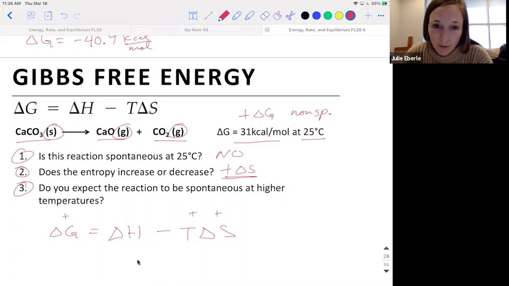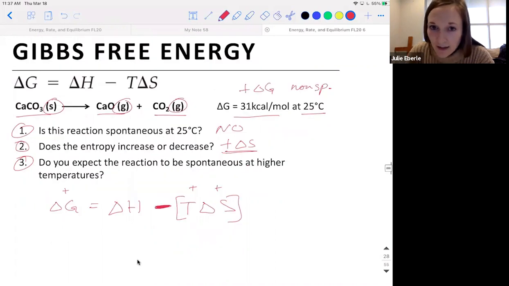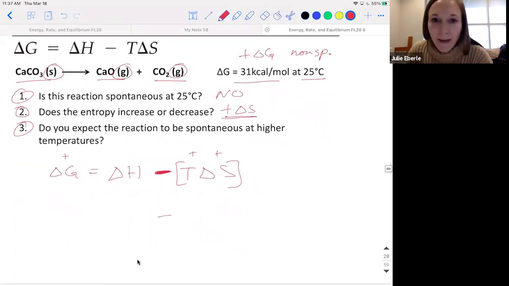Now, remember earlier when we talked about those little principles of math, we said we have a big old negative out in front here. Whatever our temperature and our delta S are, since they're positive, this minus sign makes that whole term negative. So for us to still get a positive delta G, it's like saying, if we're subtracting off 10 here, to get a positive answer, delta H has to be a larger positive number.